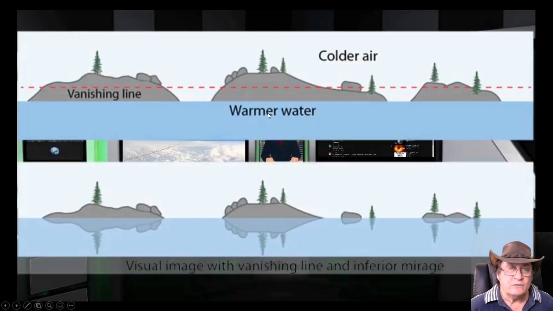Now it's true that warmer water and colder air can cause the formation of an inferior mirage. And yes, there is something that's called a vanishing line, which is the top of the inferior mirage. However, what they claim is that the inferior mirage is some kind of blockage. So normally you would see this behind here if it weren't for the inferior mirage. And this is where they start to go wrong.